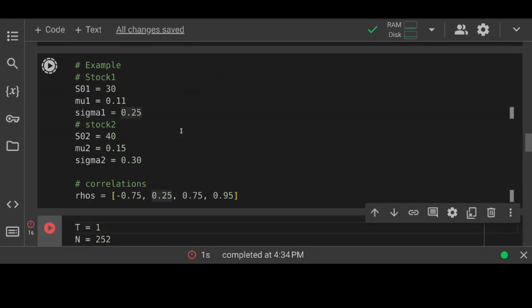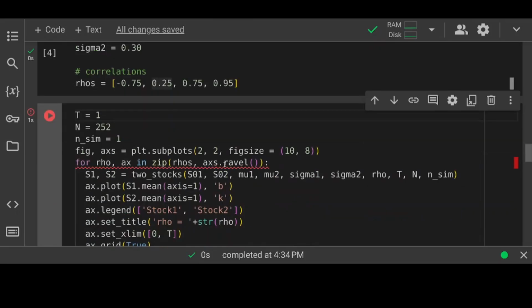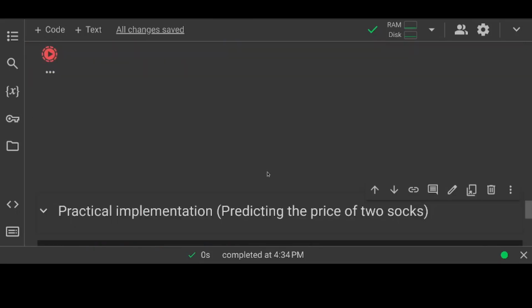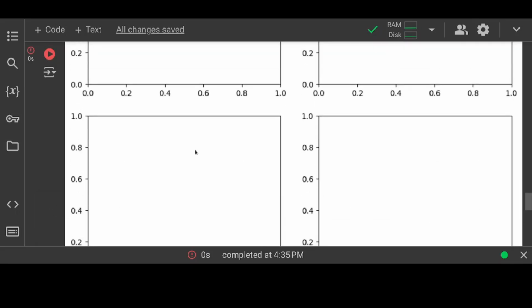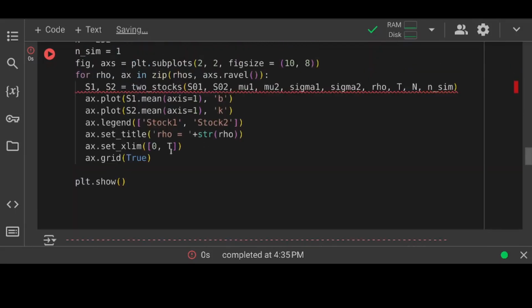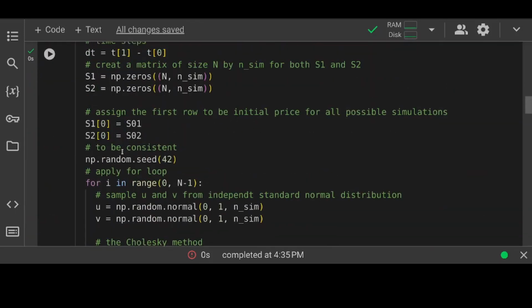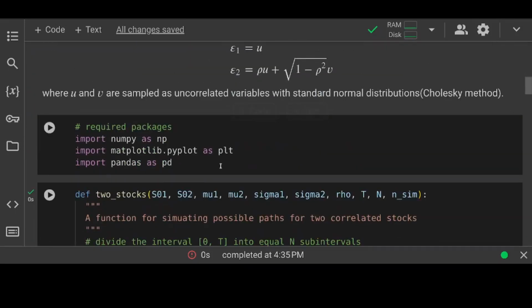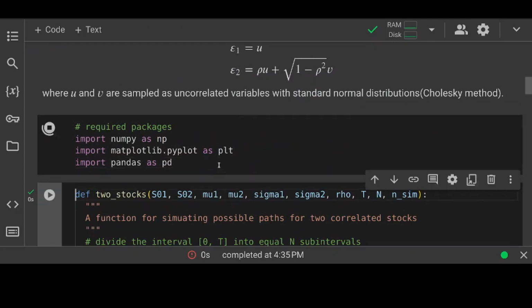We have to run this first. We have to run the pandas import here also.